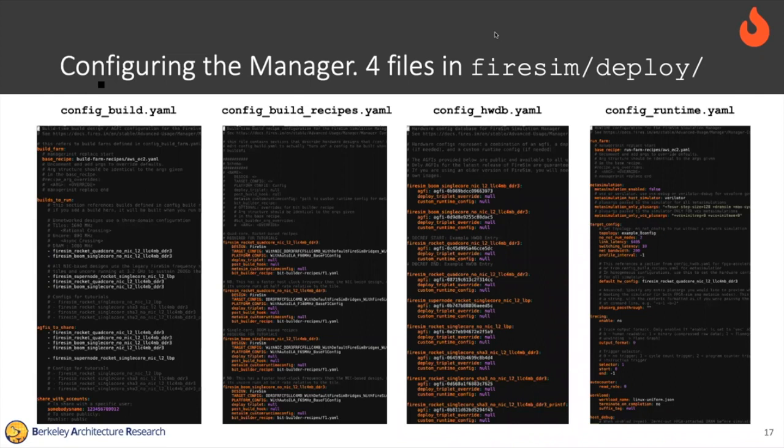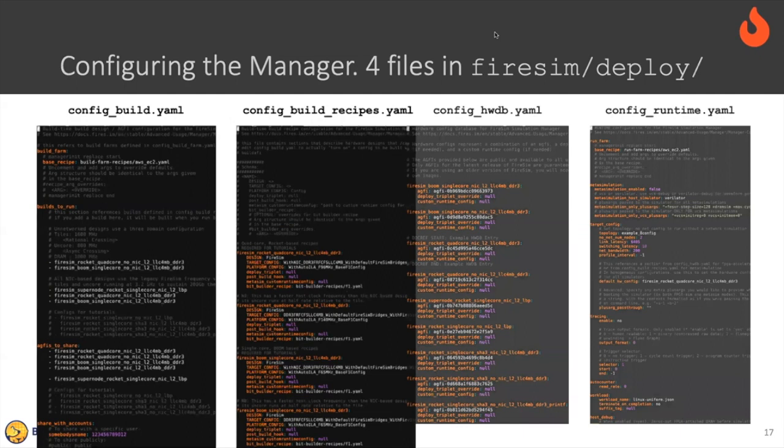These are basically the inputs to that Python API, that Python FireSim program that basically configures how you're going to do simulations, what you're going to run, what you're going to build. So we'll dive a little bit into each of these in particular.